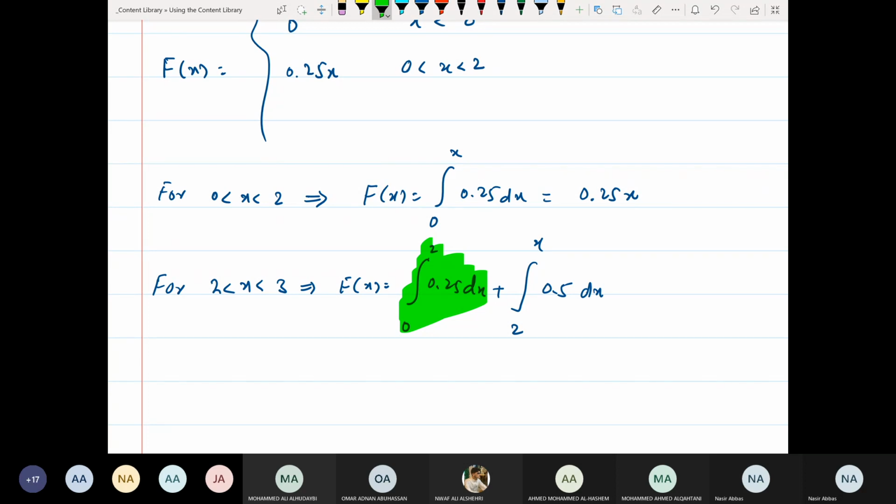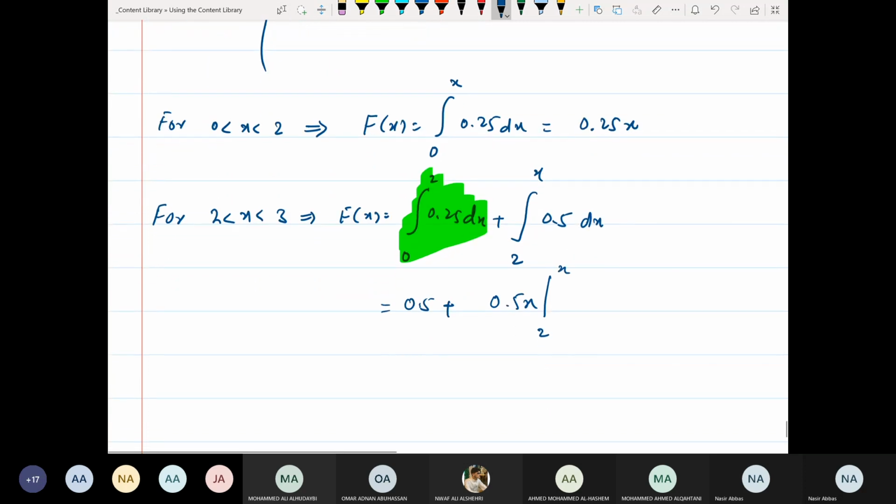And we know that from 0 to 2, the function is 0.25. So this whole part will be 0.5, plus 0.5x all the way from 2 to x.